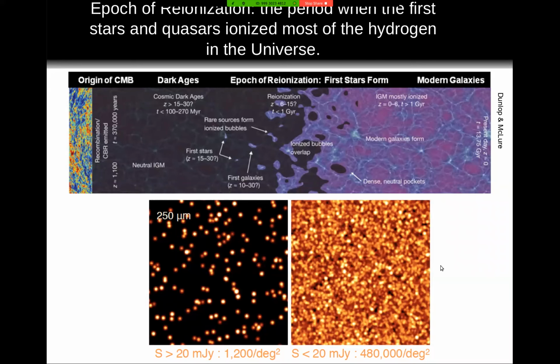But I'm doing total intensity mapping, not just picking out the bright spots, but I've got something that keeps all the rest of the fluctuations, right? And they're both zero noise maps, right? Yeah. So there's no noise in either map.